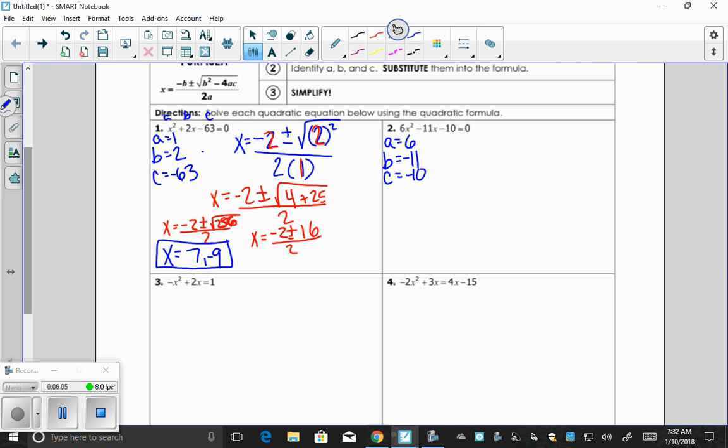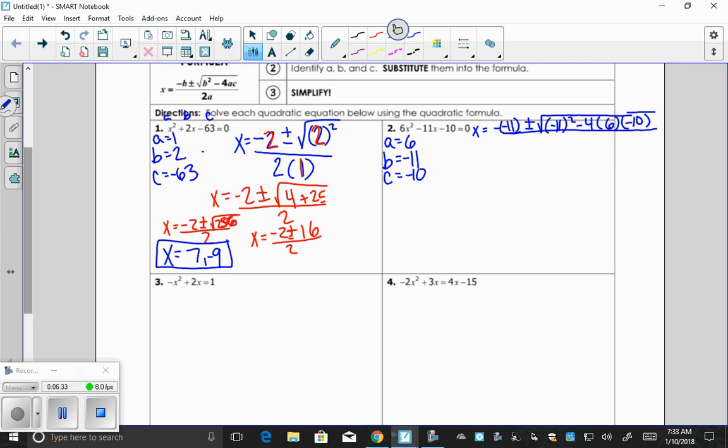So using my formula, I'm going to say x equals negative negative 11 plus or minus the square root of b squared minus 4 times 6 times negative 10.